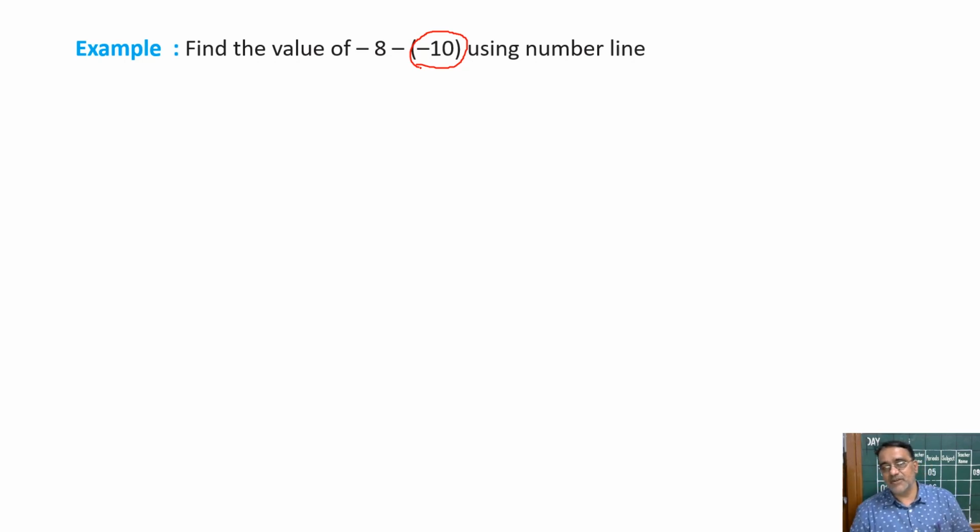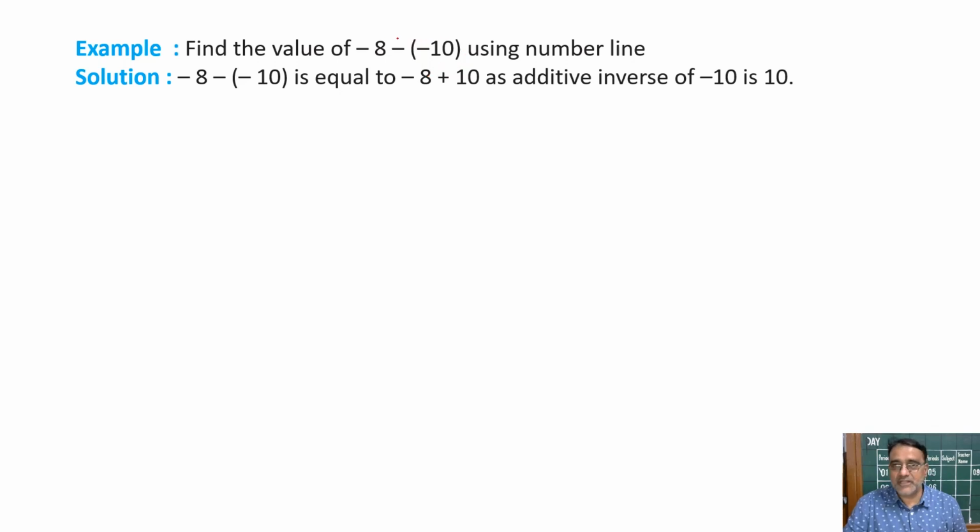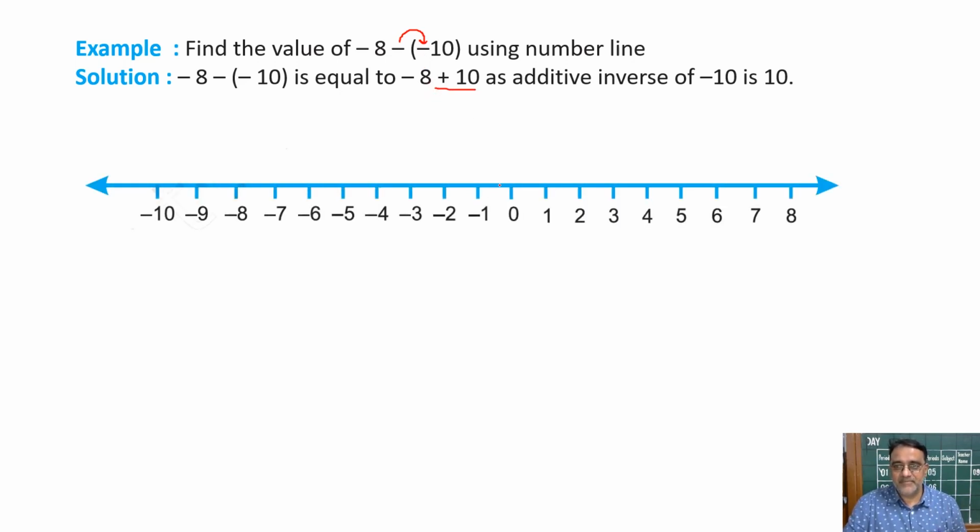So this can be written as -8 plus 10. Another way: this minus into minus will become plus, so we will write +10. So first we will jump to -8. We reached -8. Now +10, so we have to move right or left? Right. 1 2 3 4 5 6 7 8 9 10.